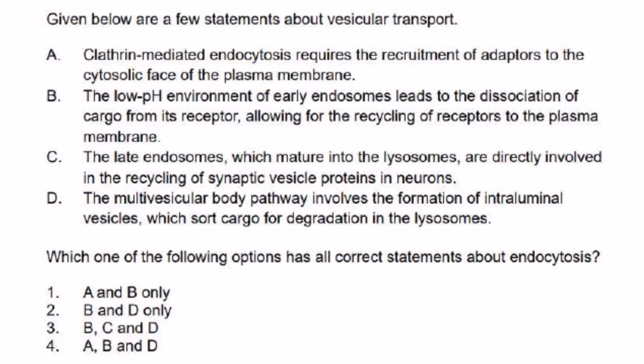Then the next one: given below are a few statements about vesicular transport. Okay, the vesicular transport I discussed in the part B question, where we had discussed the V-SNARE, T-SNARE mechanism. Here it is about receptor mediated endocytosis.